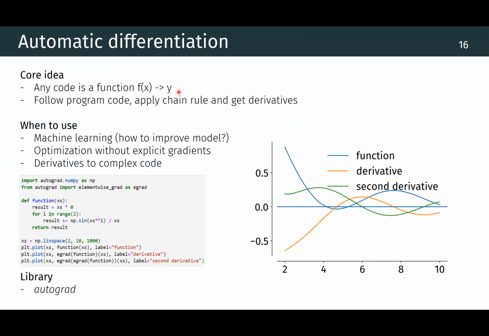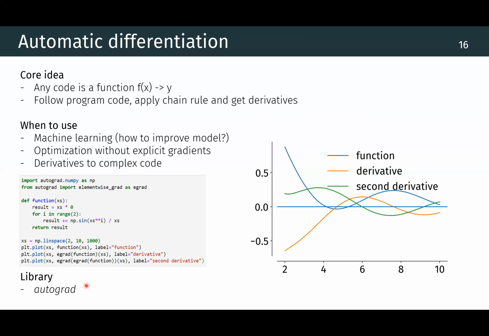And you can keep track of the statements that the program has executed, and just apply the chain rule, because every time I do something, I'm just wrapping the result that I get and then doing something else with it. So it's a composition of different functions, and I can just apply the chain rule and get my derivatives. Now, just applying the chain rule is where the dirty details lie, and that's why you want to use a library.